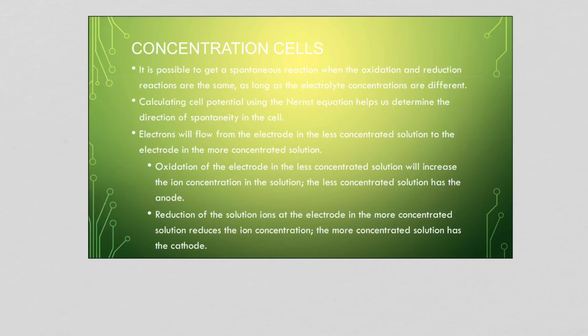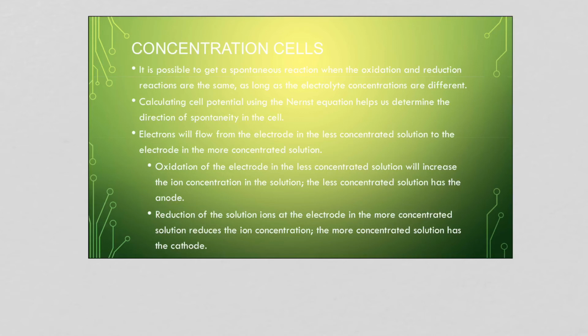So we can use the Nernst equation and we can think about which direction that spontaneity is going to occur. And that's going to tell me if I'm going to get a spontaneous reaction by changing the concentration of one versus the other.